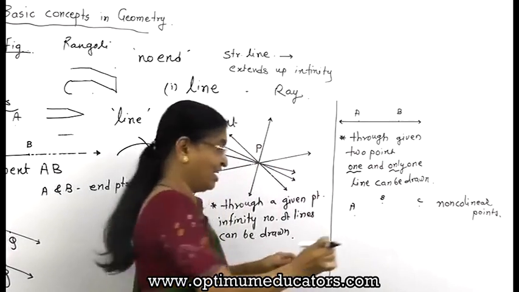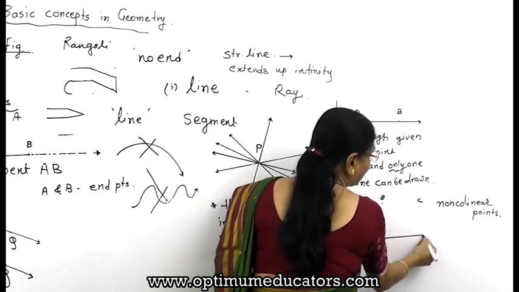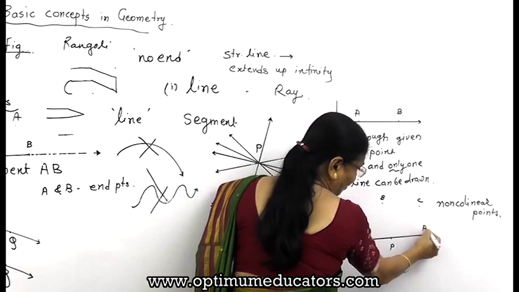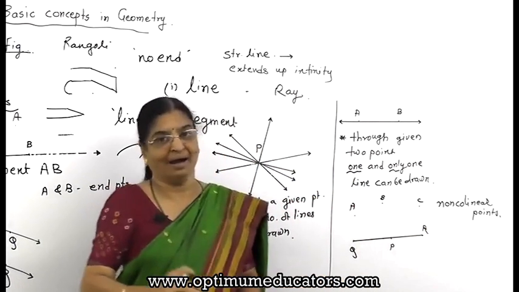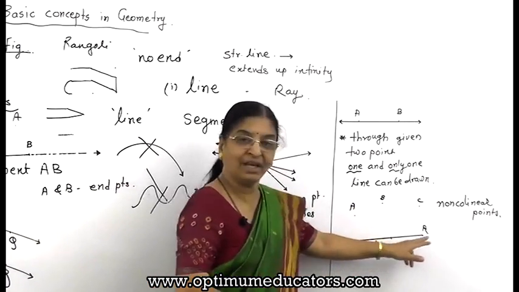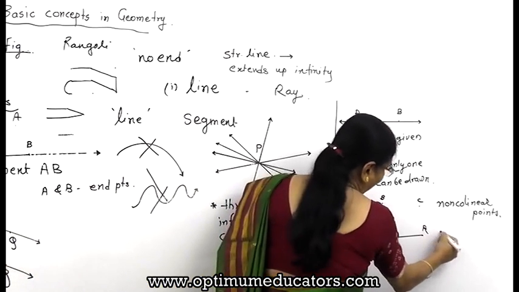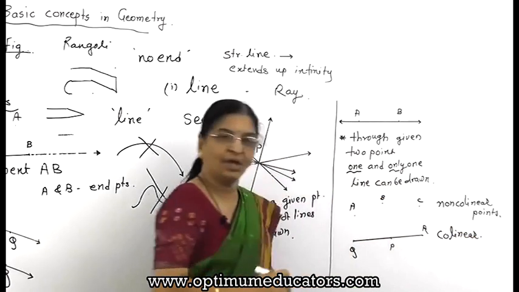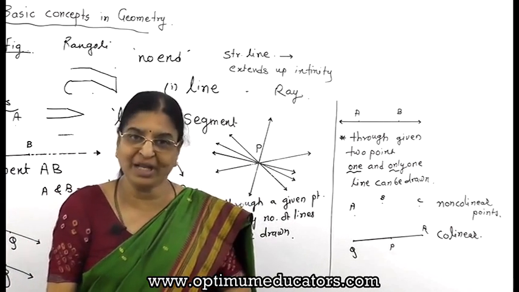Okay. But if it is possible to draw a line, see, suppose this is point A, now I will take not B, but P, Q, R. P, Q and R, because these are the 3 points, they are non-collinear, and these are the 3 points which are collinear. Then I will say that they are collinear. So, how will you explain this concept, collinear?